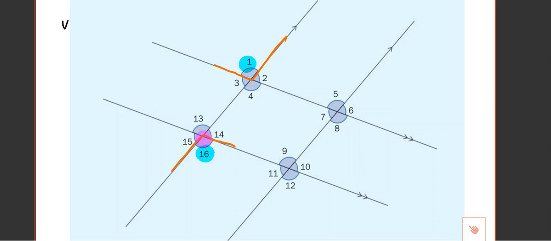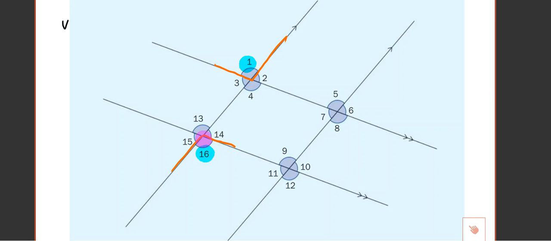Can anyone think of another way of explaining what an alternate angle could be described as? It's basically the combination of vertically opposite and corresponding. Because it's vertically opposite, but in a different place.